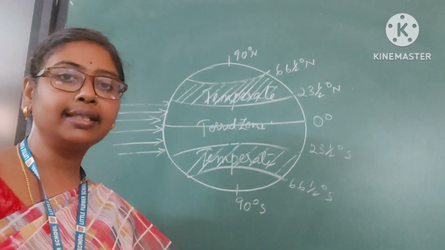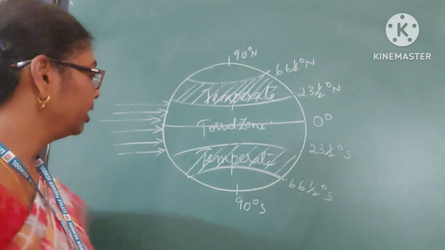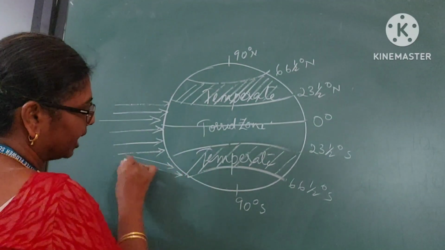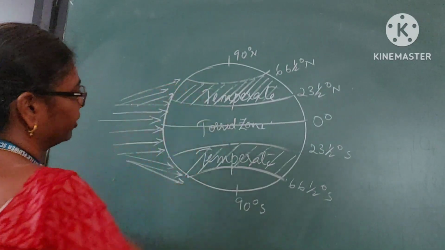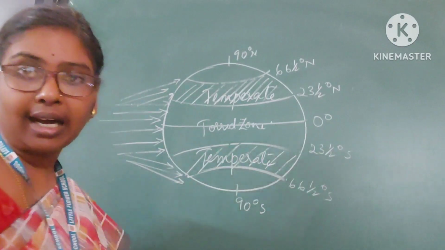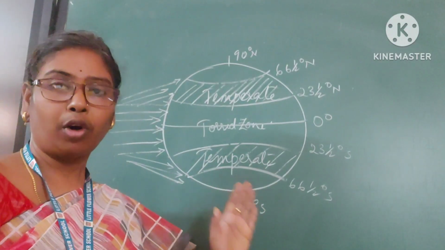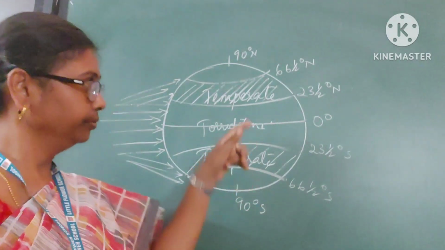So here in the temperate zone, the rays of the sun are oblique. So here we see moderate temperatures and moderate precipitation.